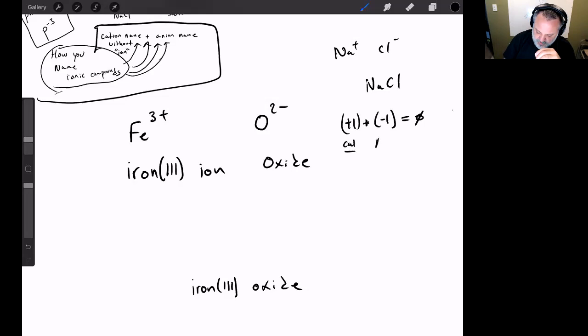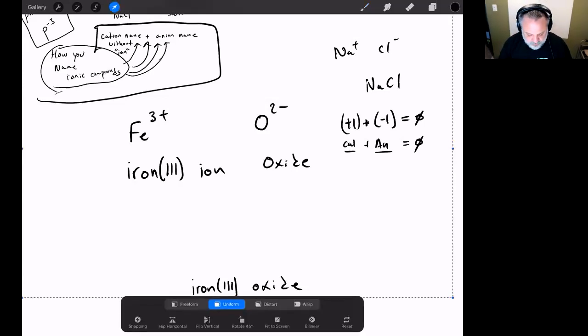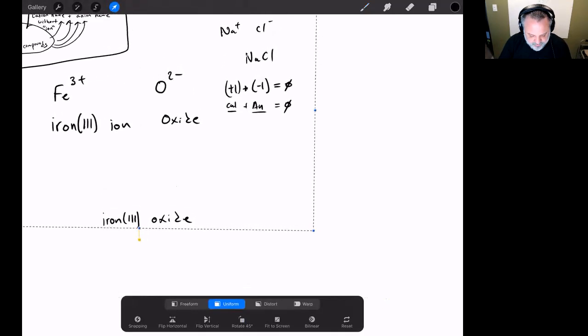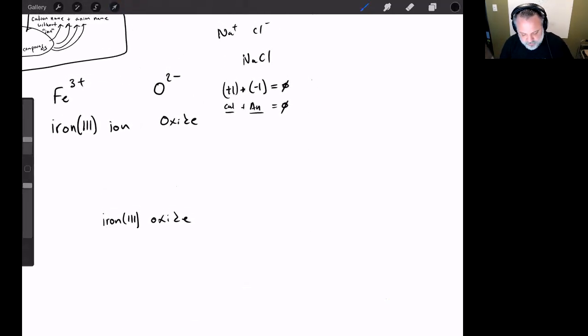Cation charge plus anion charge equals 0. This is a little bit more straightforward if we look at something else, and we'll come back to iron 3 oxide in a second.